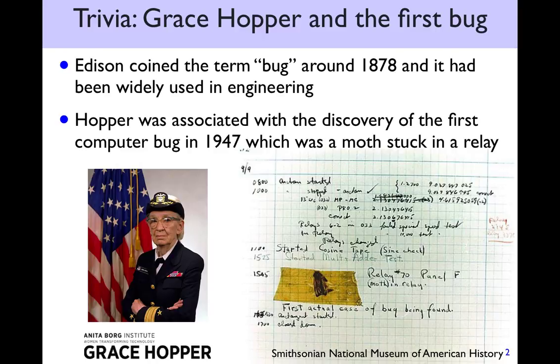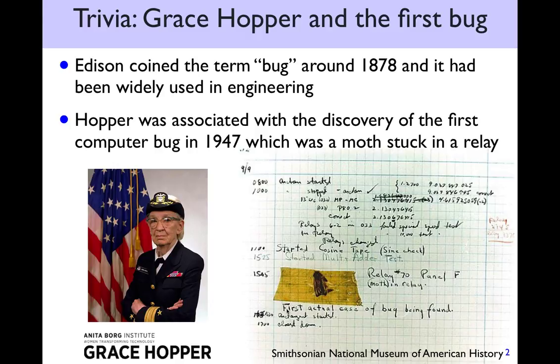And ENIAC was dedicated in early 1946 at the University of Pennsylvania. 1 year later, at Harvard, they were designing a new computer, and Hopper was part of the team which discovered the first bug, which is actually a moth stuck on the relay. So here's the real log, and actually the moth is here, right?